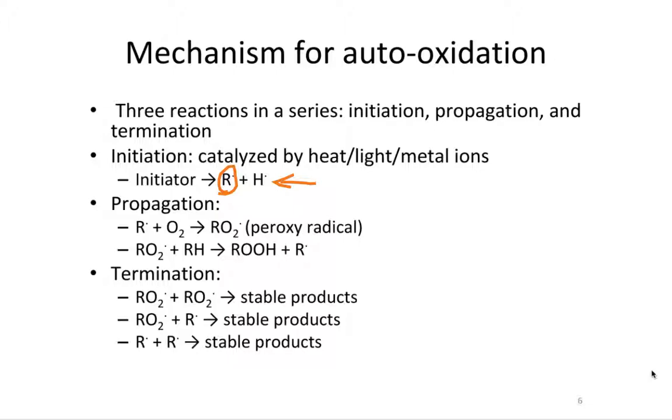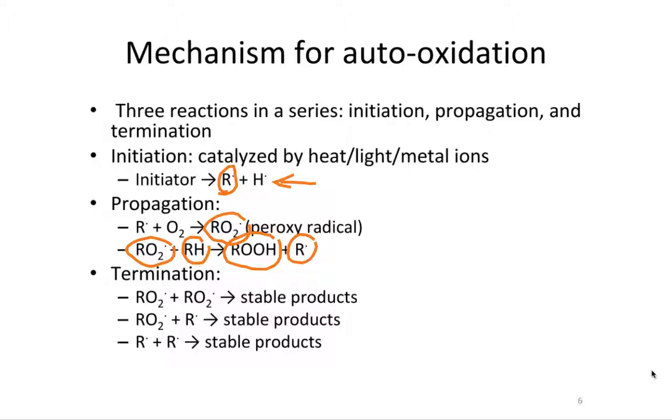Okay, now once R dot has formed, it provides adequate opportunity for the next step to occur during autooxidation, which is propagation. So propagation occurs through combination of R dot with oxygen to produce RO2 dot, which is actually a peroxy radical. The peroxy radical, when it's formed, reacts with another molecule of RH, which could be the drug molecule, to form ROOH and another R dot.